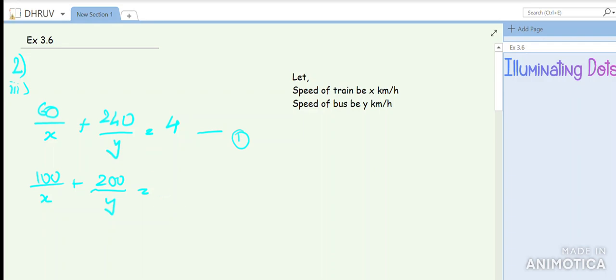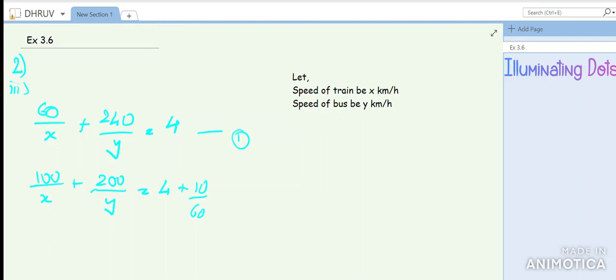Okay, so how can she take 10 minutes longer? If we add 4 and the 10 minutes, we cannot add 10 like this directly. We need to convert this 10 into hours, so it will be 10 upon 60. So we write 10 upon 60 hours and add 4, because she took 10 minutes longer than the time she covered in the first case.